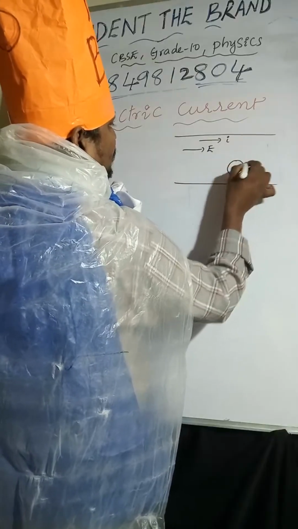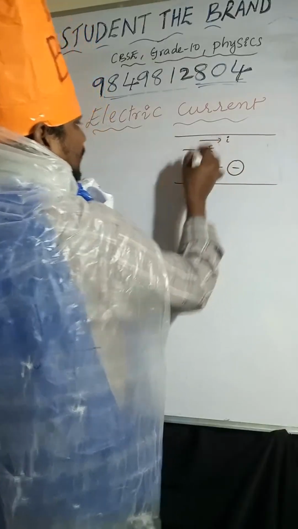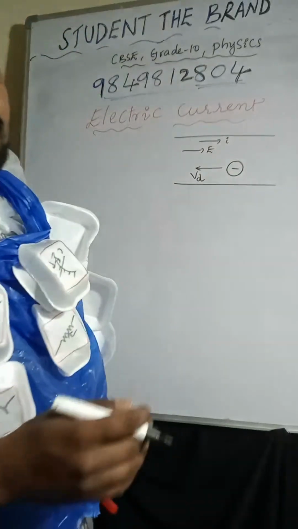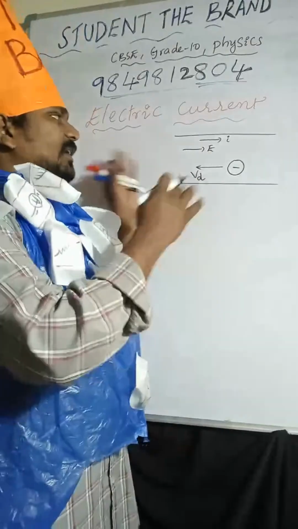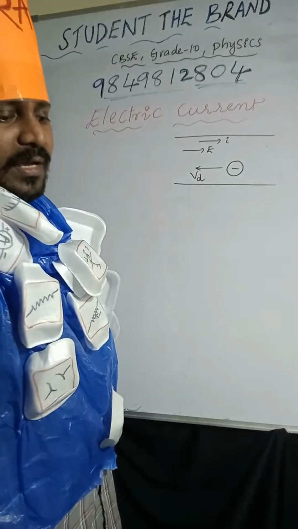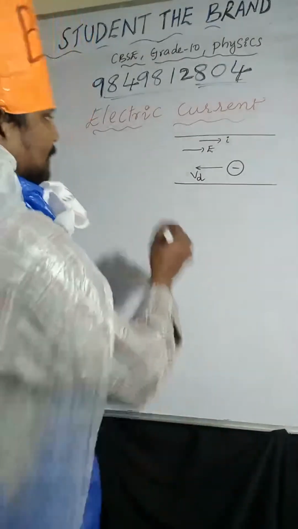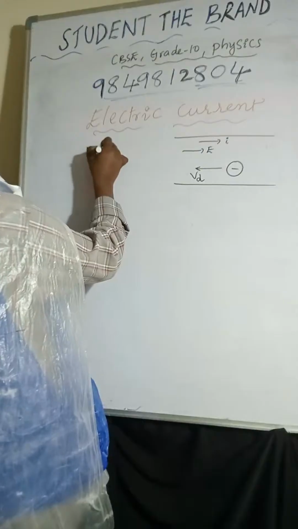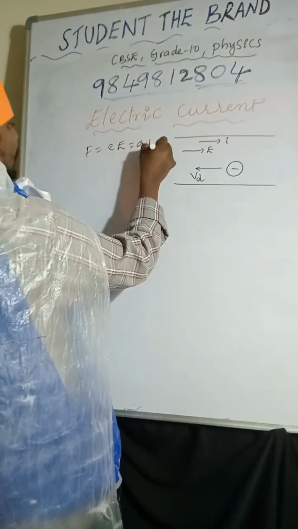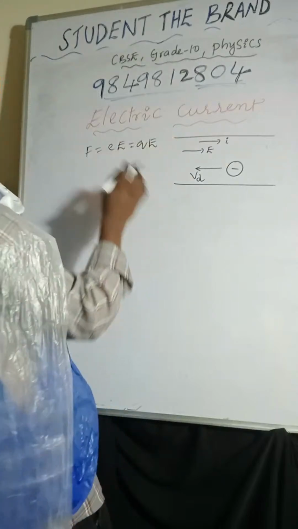So electrons are moving opposite to the electric field. If the electron is moving in the electric field, it experiences a force. So F equal to E into E or Q into E, where E is the electric field.